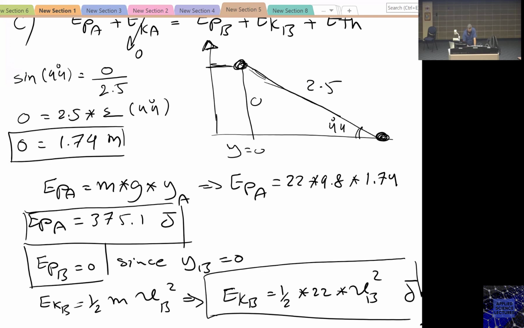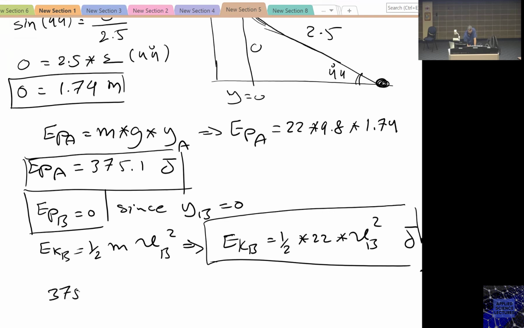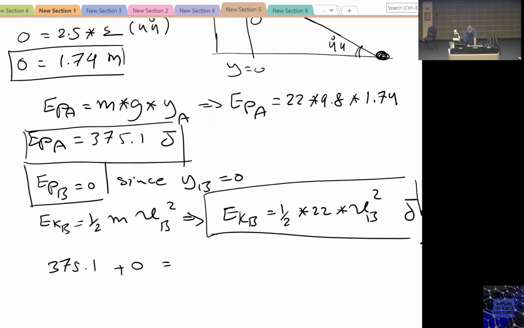Now let's substitute. EPA is 375.1 plus 0 equals EPB, which is 0, plus half, which is 11, times vB squared, plus the thermal, which is 197.5. Now, if you rearrange, so what do we have here?